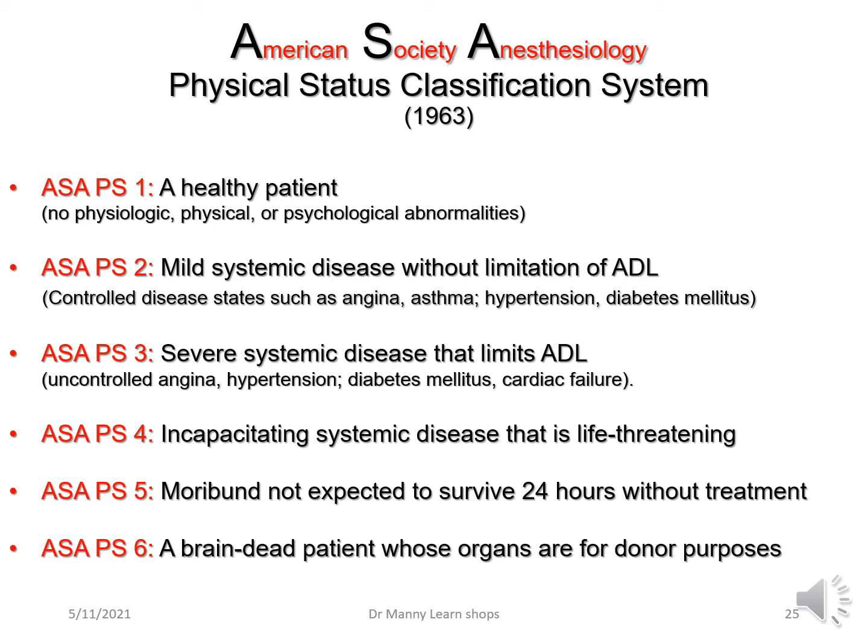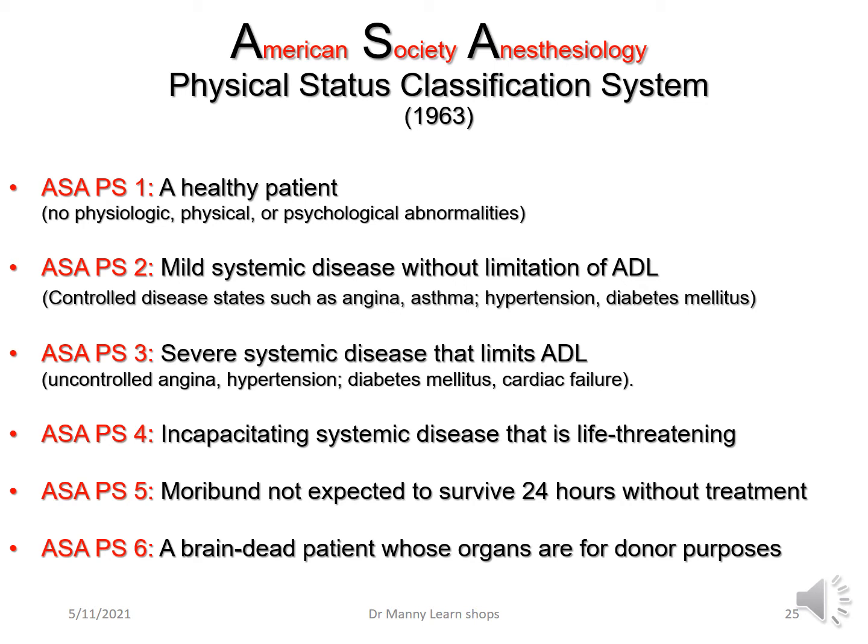Should. Always be prepared. ASA Physical Status 2. This is when a patient has a mild systemic disease without any real limitations of their activities of daily living. So this could be a patient that has stable angina, controlled asthma, controlled hypertension, controlled diabetes mellitus type 1 and type 2.